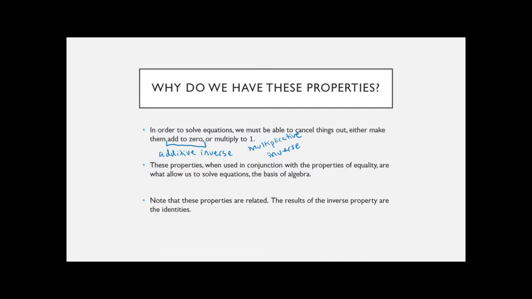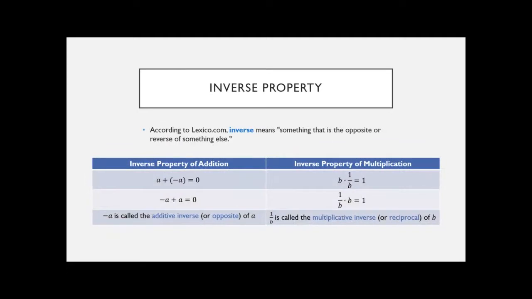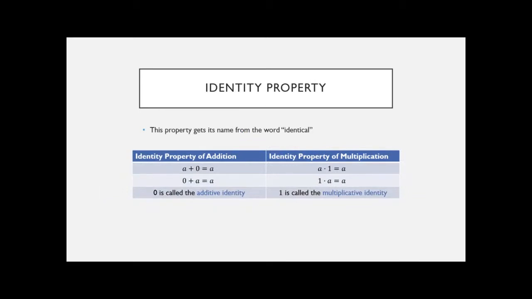And the other thing that I want to point out is that the inverse and identity properties are related. The inverse property, like the additive inverse, adds to the additive identity. So we've got this inverse property of addition, which equals 0, and 0 is the additive identity.